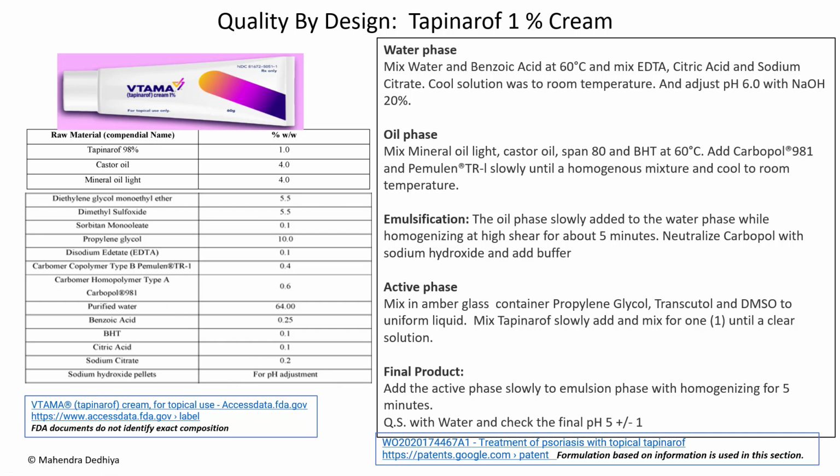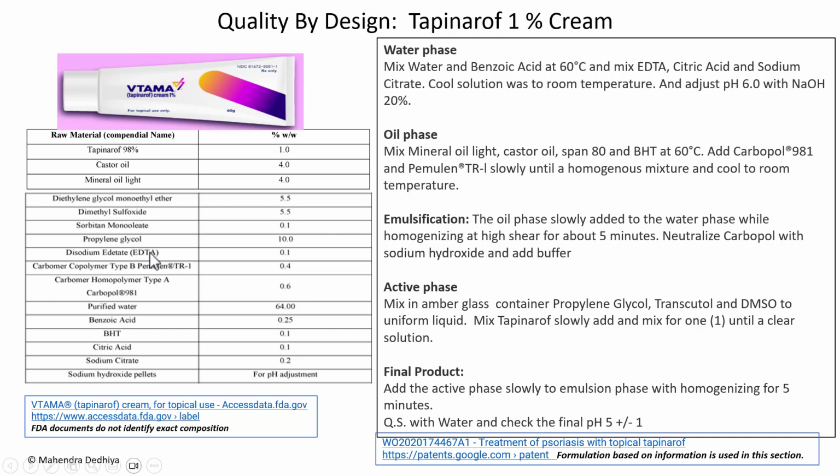The process is shown here. Water is mixed with benzoic acid, EDTA, and water-soluble ingredients such as citric acid and sodium citrate, and pH is adjusted to 6.0 with sodium hydroxide. Oil phase consists of mineral oil, castor oil, span, which is sorbitan oleate, and BHT are added.